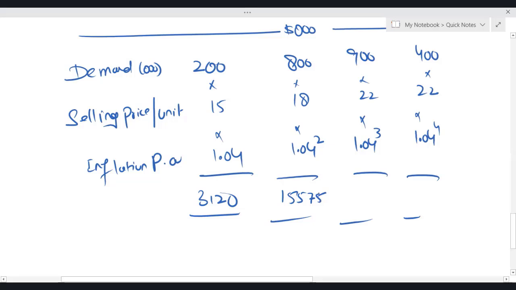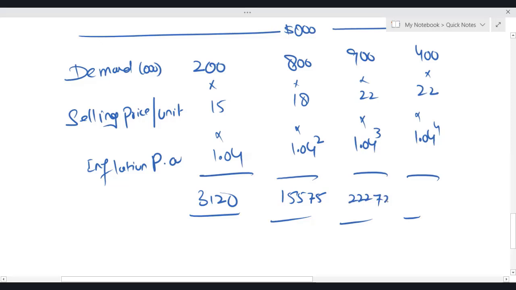For the third year, 900 into 22 into 1.04 and the power 3. It's 22. So 900 multiplied by 22 into 1.04 and the power is 3. 22,272.